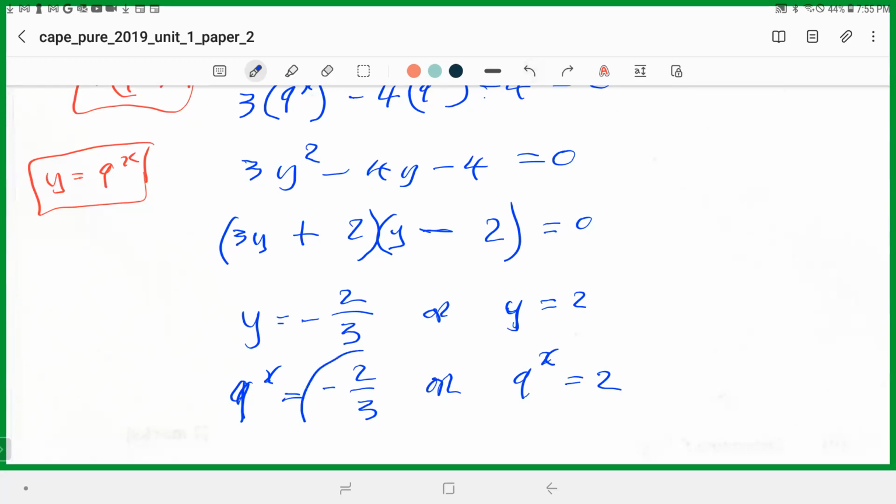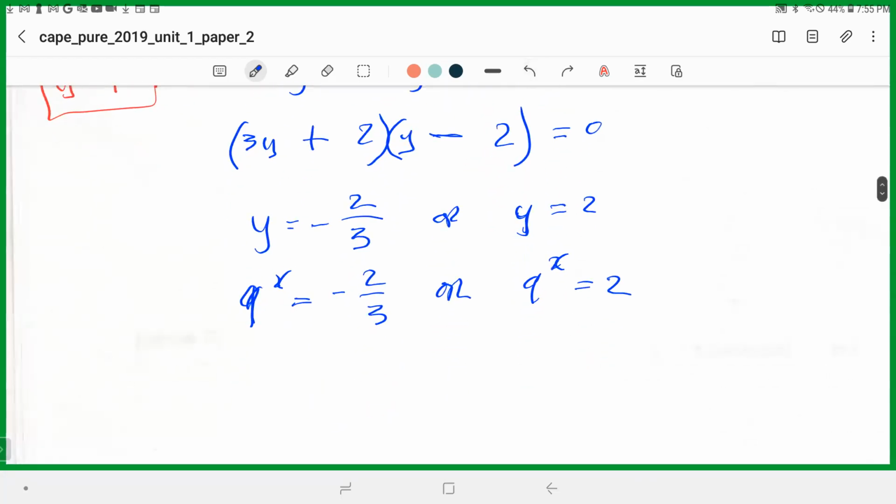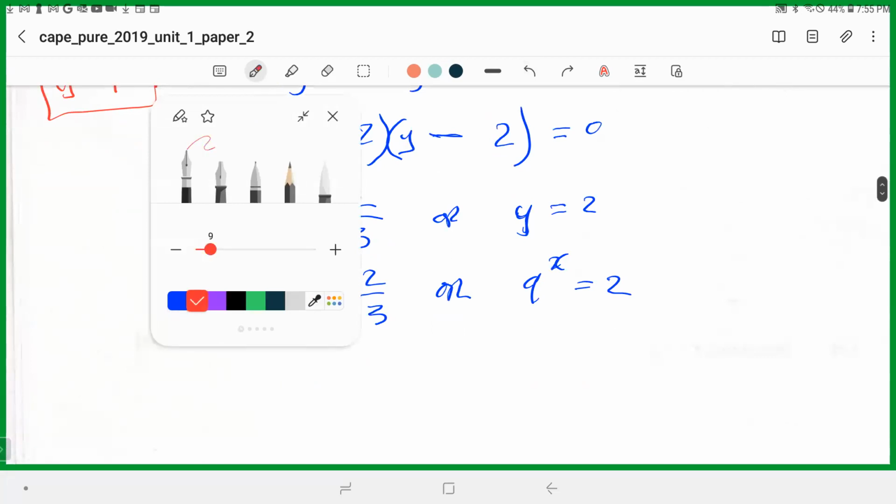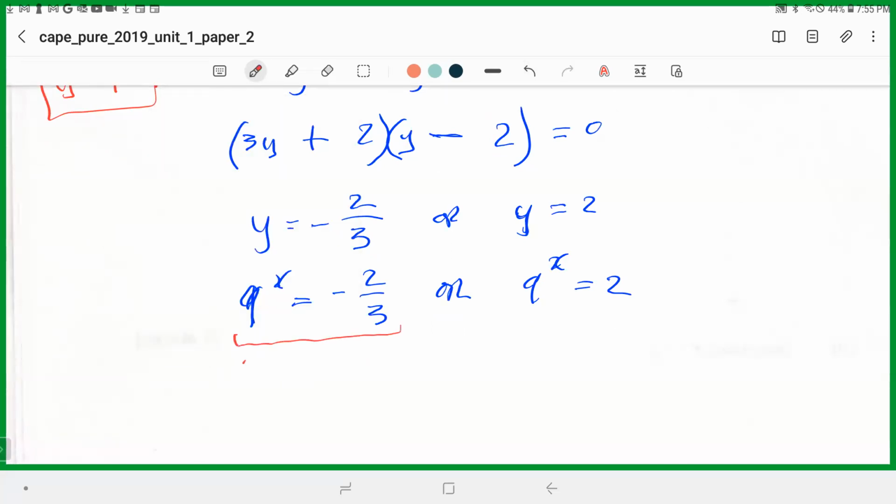But you can't find the log of a negative number, so you can't move forward. So any way you look at it, this one is not valid. Can't solve.